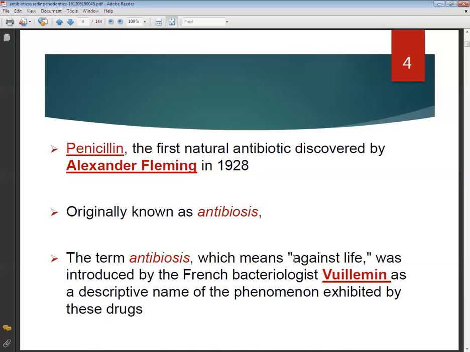The first antibiotic that was used in medicine was penicillin. Alexander Fleming was the author. The first natural antibiotic, penicillin, was discovered by Alexander Fleming in the year 1928.